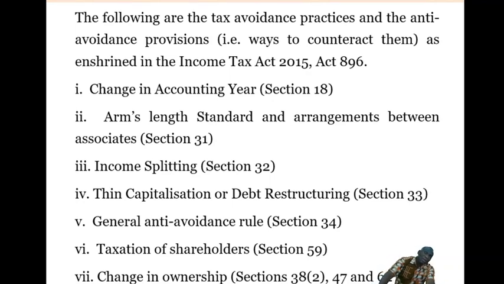Arm's length standard and arrangement between associates, section 31, income splitting, section 32, thin capitalization or debt restructuring, section 33, the general anti-avoidance rule, section 34, and section 59, taxation of shareholders. Section 38 subsection 2, section 47, and section 62 have to do with change in ownership.